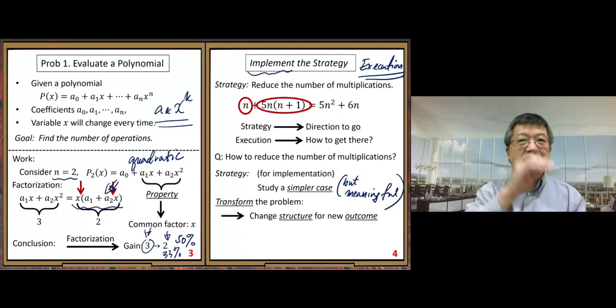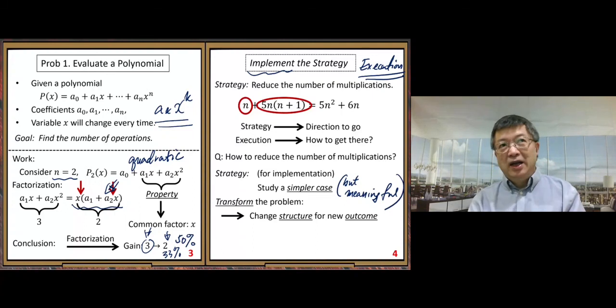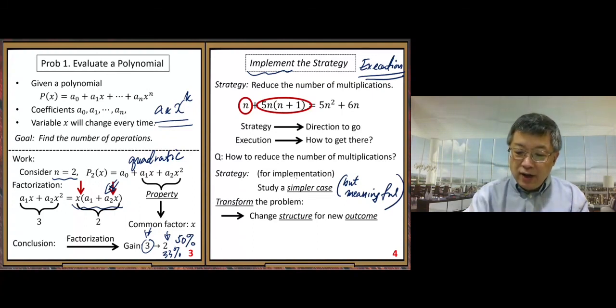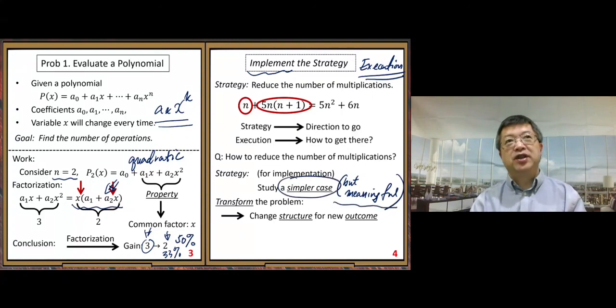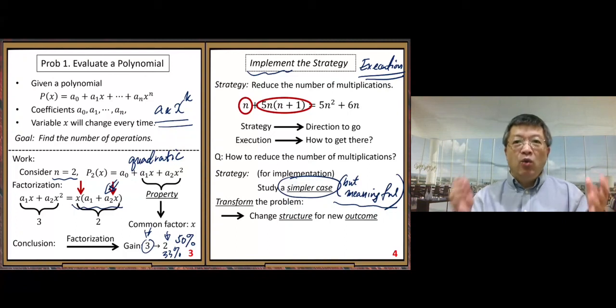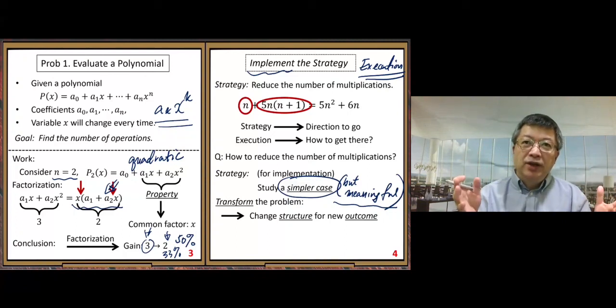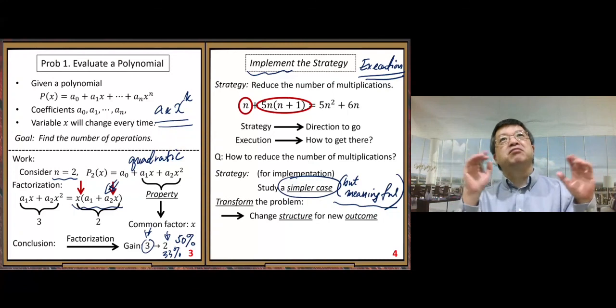So here you can see, by working on a simpler case, a simple but meaningful case, we get something very useful, very important. And this observation, the rule, the property, from this simple example, we can apply it to the general case.